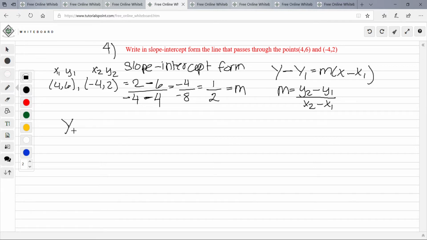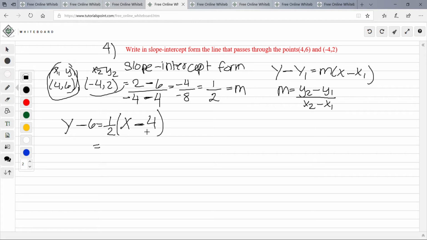So we just got to put it in this form. It's y minus y1, and you got to pick a point. You can use this point or you can use this point. I'm going to use this point because it's easier. So y1 is just 6, and then our slope is 1/2 times x minus x1, which is just 4.